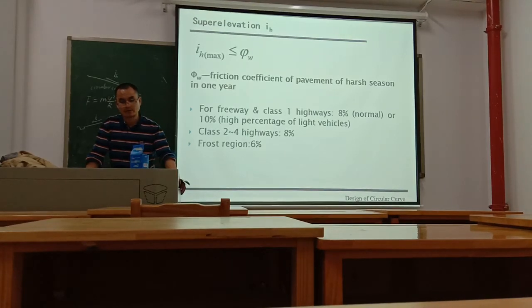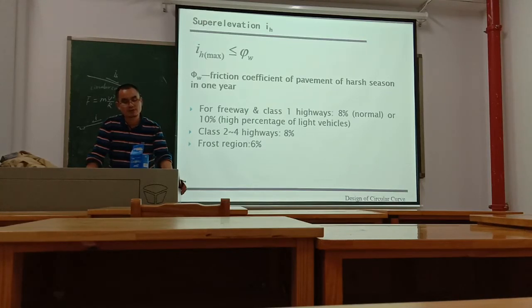For freeway and class 1 highway, 8% normal, or 10% on the condition of high passenger of light vehicle. For Class 2, Class 3, and Class 4 highways, the maximum of IH is 8%.